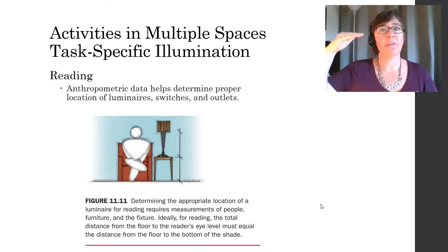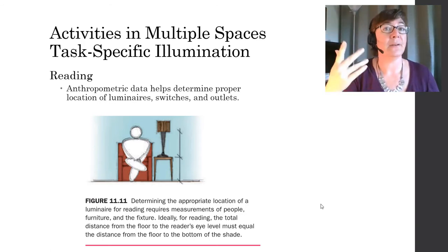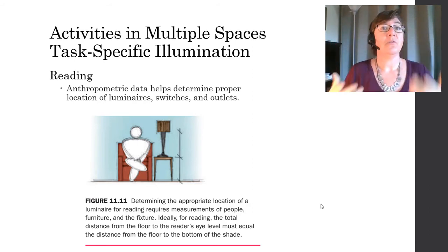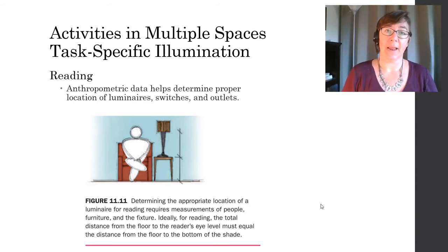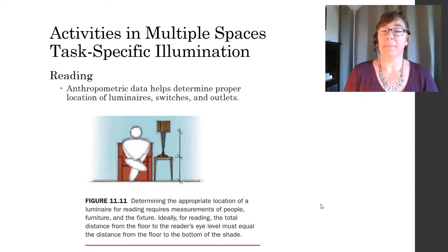And if your lampshade is too high, you're going to get some direct glare for that user. And if it's too low, you may not have the right light distribution. So you'd like to know exactly how high your client might be sitting.